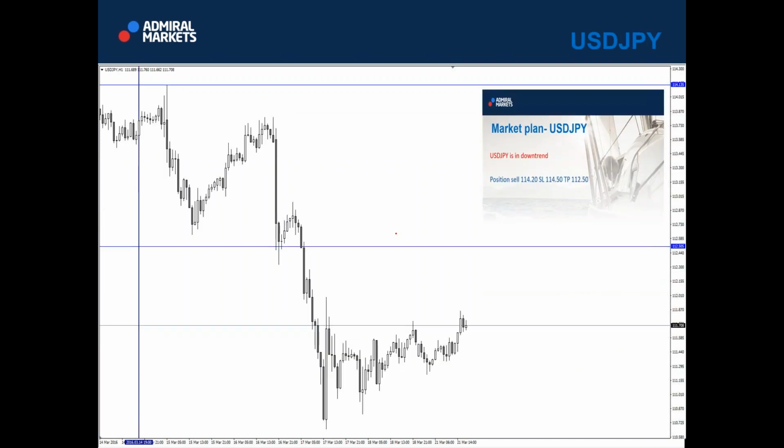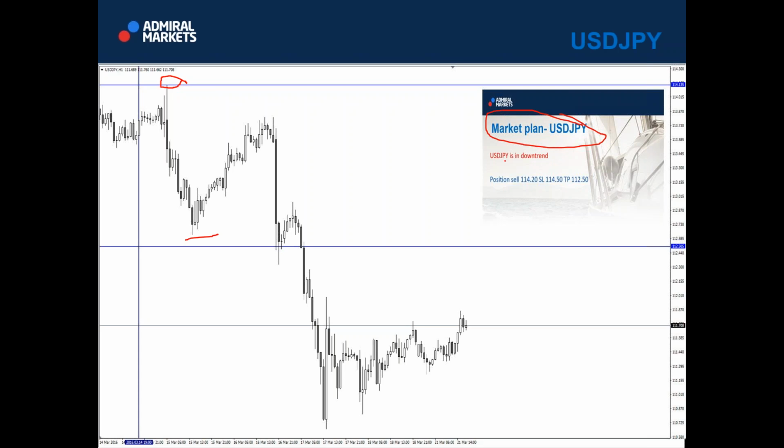And dollar yen, another trade. I couldn't decide between dollar CAD and dollar yen which one was the trade of the week. Dollar yen, maybe this was the trade of the week because we didn't have any drawdown. It was instantly rejected from the zone towards 112.50.